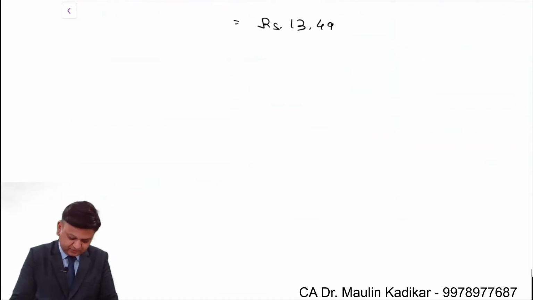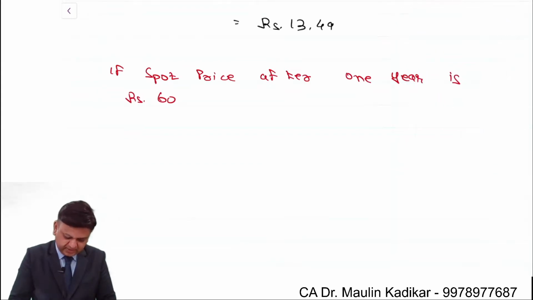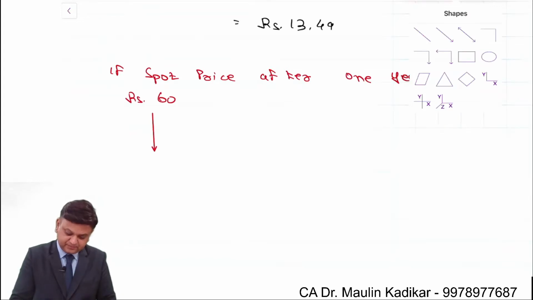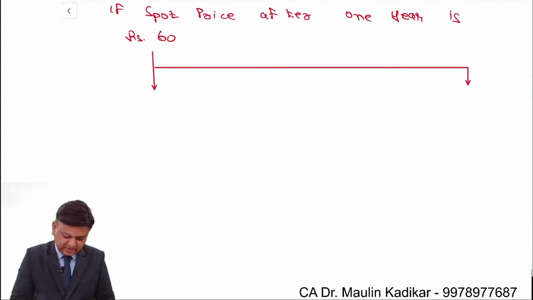With paragraph written down. If spot price after 1 year is rupees 60, then in that case you have two alternatives. One is exercise option immediately.